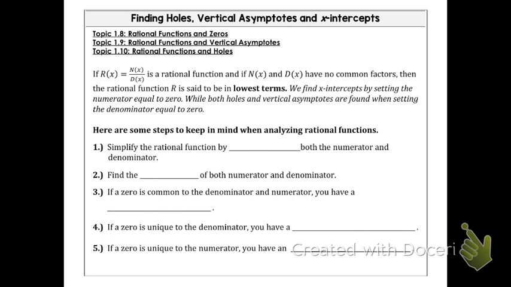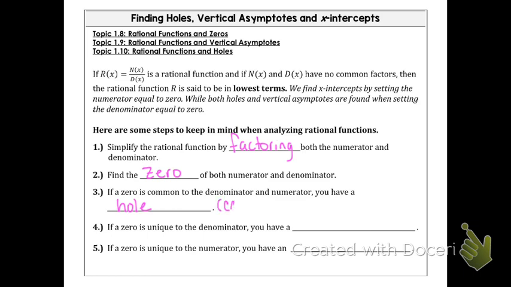So here are some steps to keep in mind when analyzing rational functions. So number 1 is you want to simplify the rational function by factoring both the numerator and the denominator. You want to find the zeros of both the numerator and the denominator. If the 0 is common to the numerator and the denominator, you have a hole.